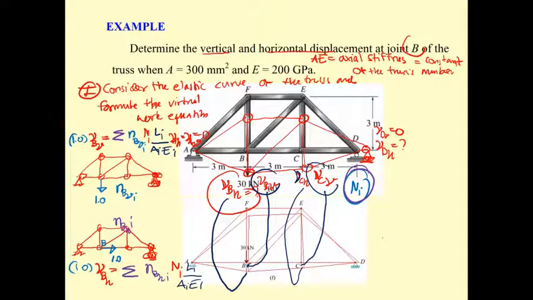Even though this DH is going to be the distance here. You can calculate everything if you like. Just put the unit load in that position in the direction you like to determine.